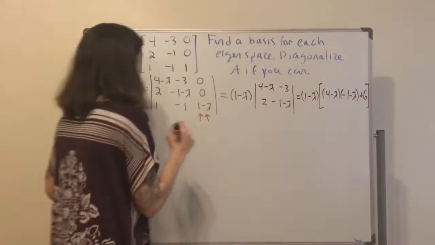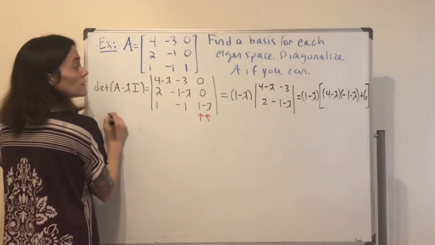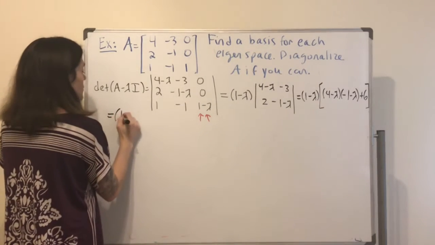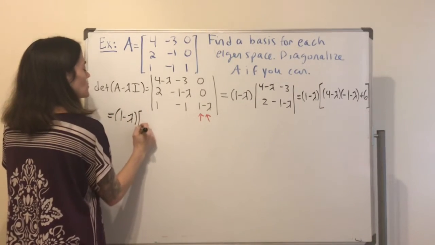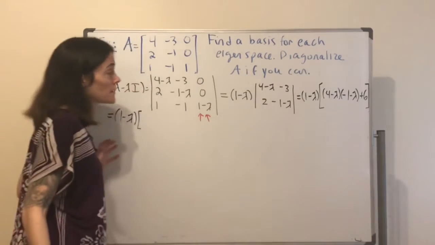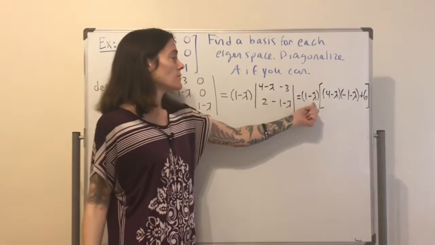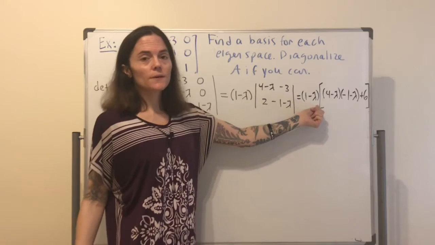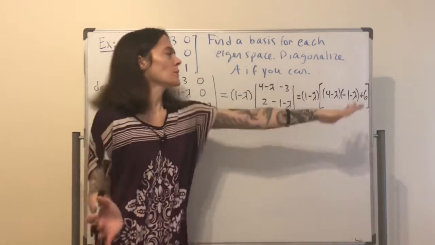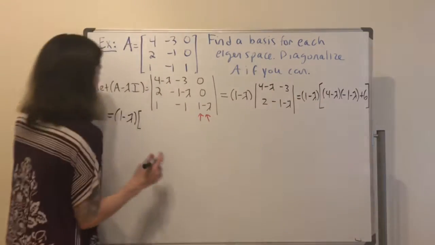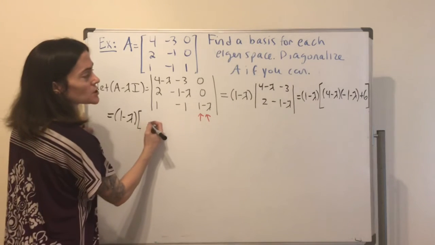And then let's see, one more step. I'll put this here. Or maybe we have 2 more steps. Just like we did last time, I want to leave this term. It will help me. You don't want to multiply it in and then have to refactor, because factoring a cubic can be challenging.